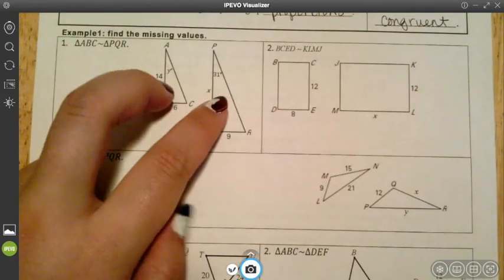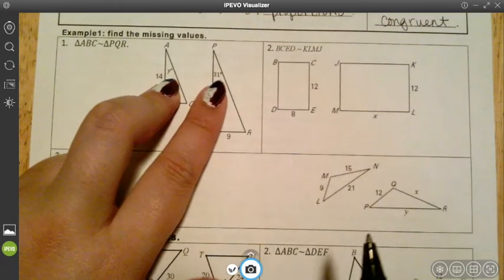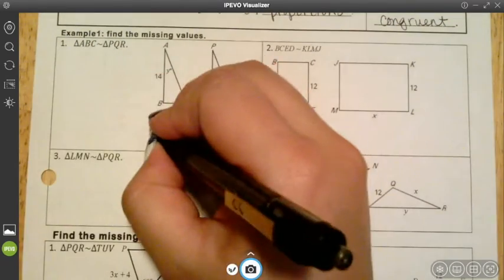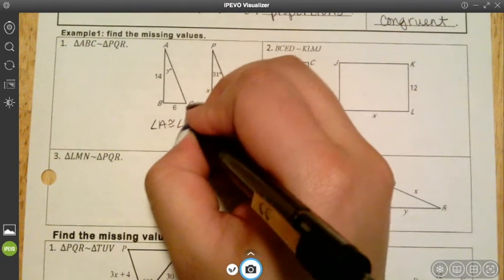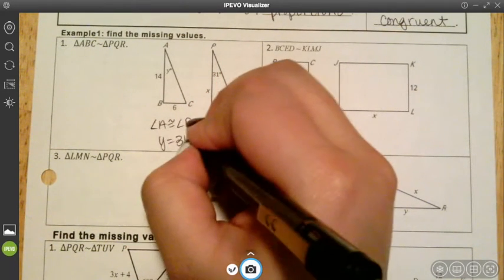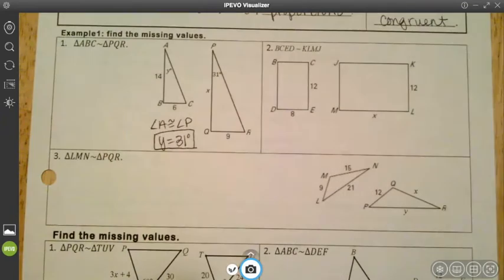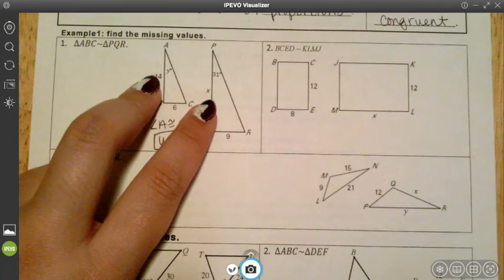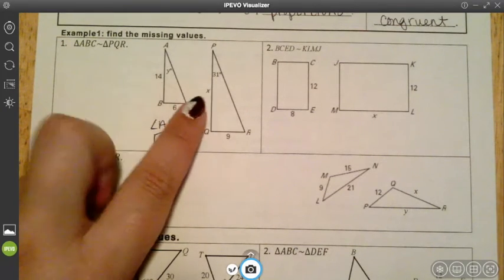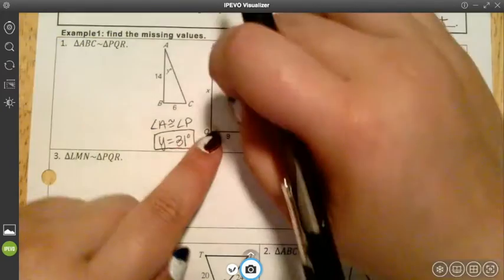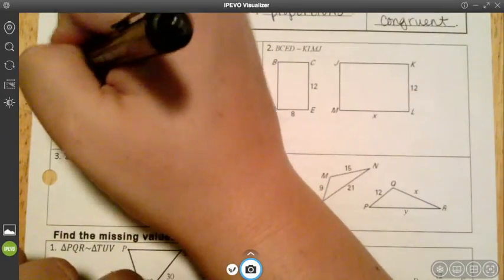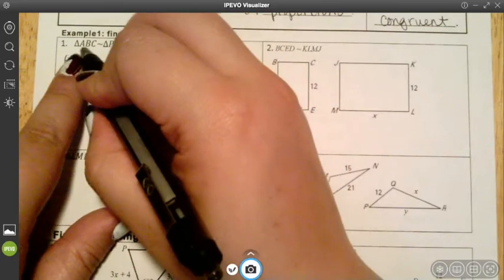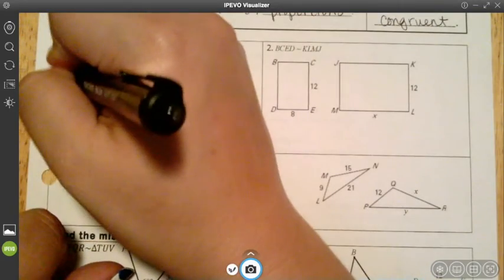So I like to start with the angles again. I'm going to start with angle Y has to be congruent to A and P. So angle A is congruent to angle P, then Y has to equal 31. Okay, our second variable here is X, and it's for a side length. I like to start with my unknown side, so that's QP over which side corresponds. Well, QP is the first two letters, so I'm looking here for the first two letters, which is BA.